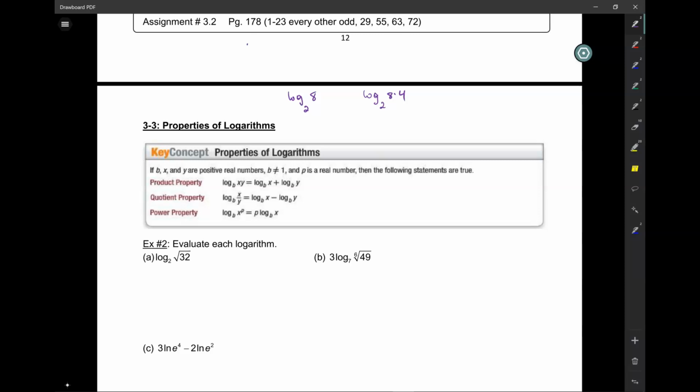So what's the exponent of 2 that gives me an 8? 3. What's the exponent of 2 that gives me a 4? 2. Together, that's a 5, right? So that's another way of figuring out that log base 2 of 32 is equal to 5.